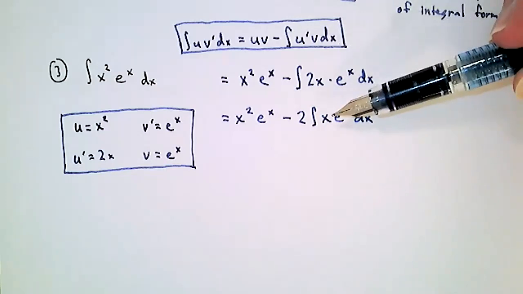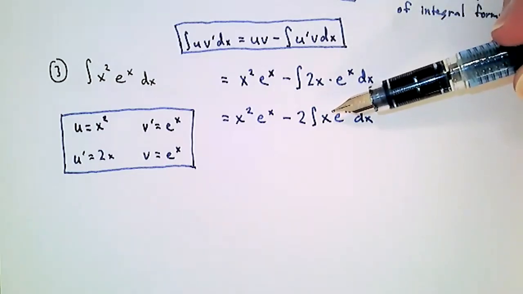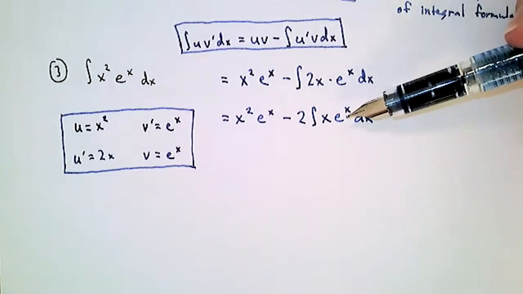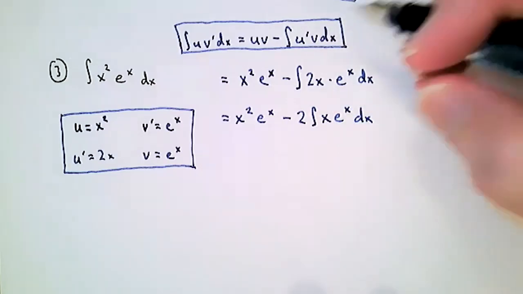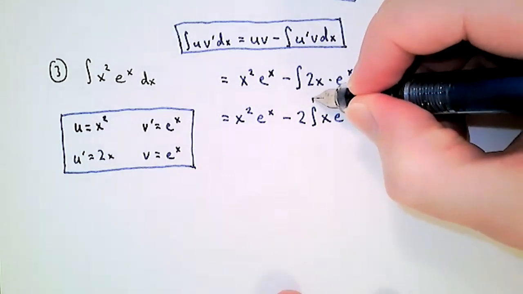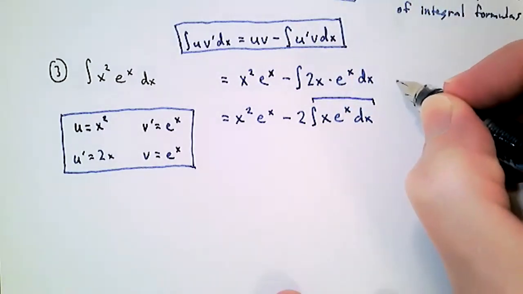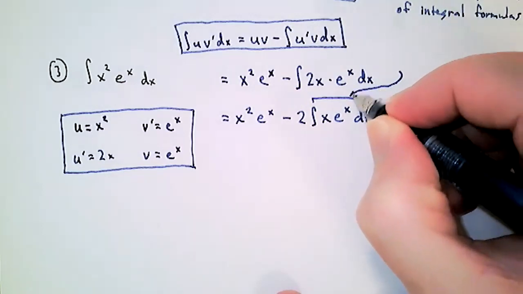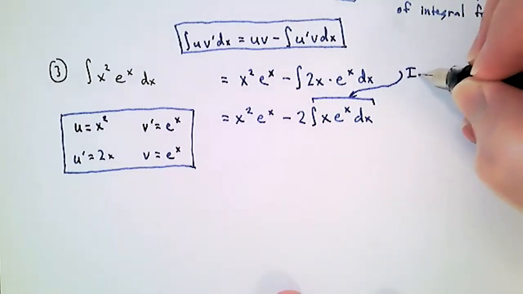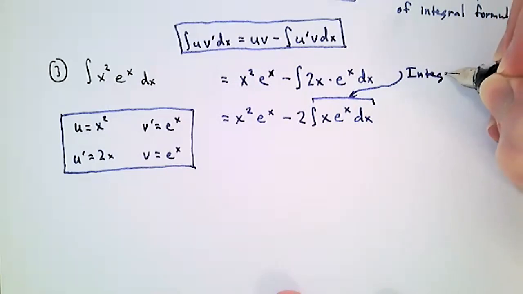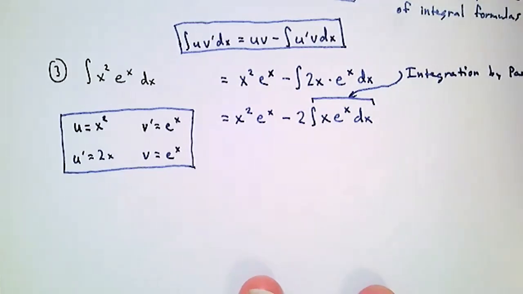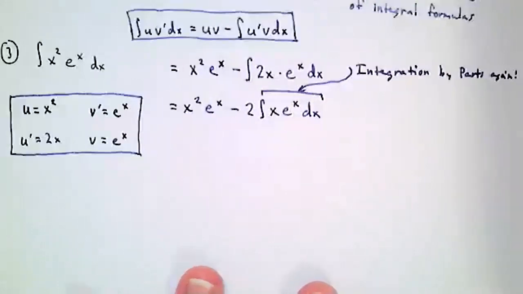We still have a power of x, x to the first power in this case, times an exponential function, and we don't have a rule for this. So we'll actually have to do integration by parts a second time. So let's come over here to the right and work through the details.